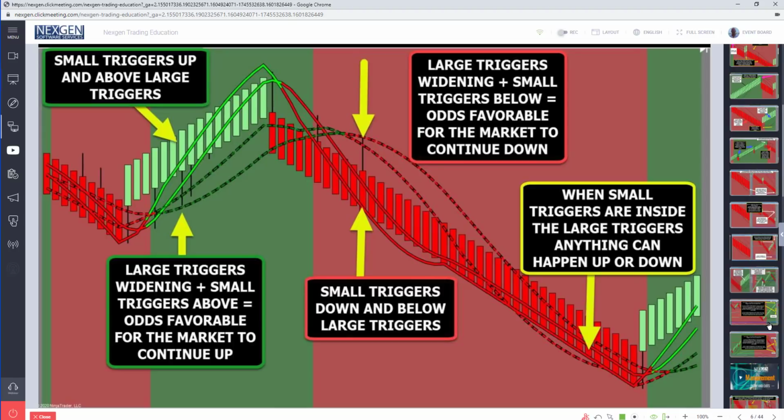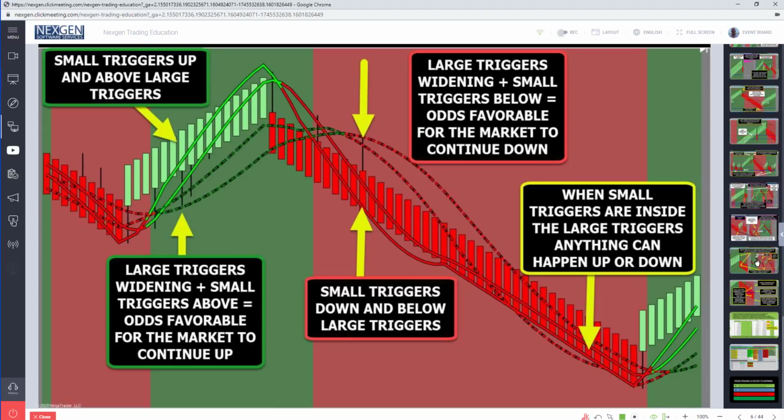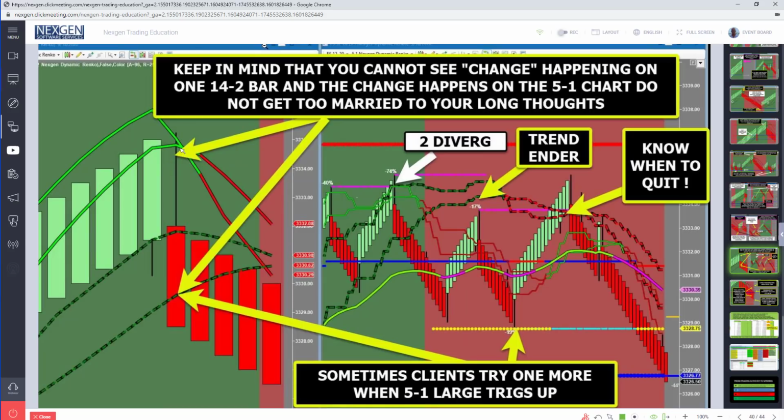But as I'm just going through the slides in the video, as you break this big space down and take it down to the smaller chart, you'll start to see the change happening with divergence number 1, divergence number 2, depending on your fibs.